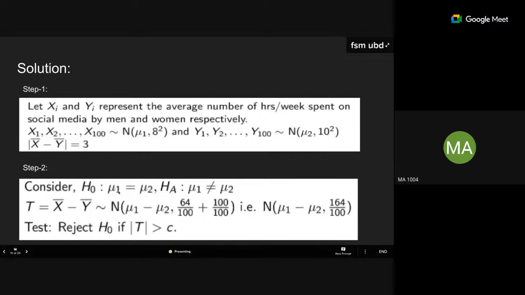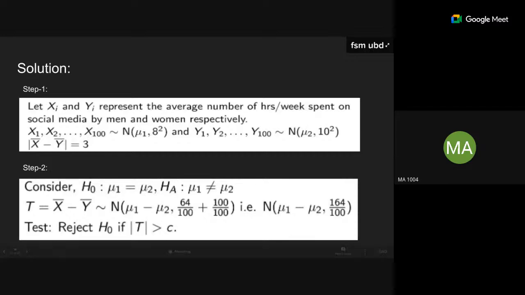I am trying to compare mu1 and mu2. So null says mu1 is equal to mu2. So if I see the difference between them, if the difference is greater than some value, then I am pretty much sure that mu1 and mu2 are not equal. So I will reject my null if the difference is greater than something.